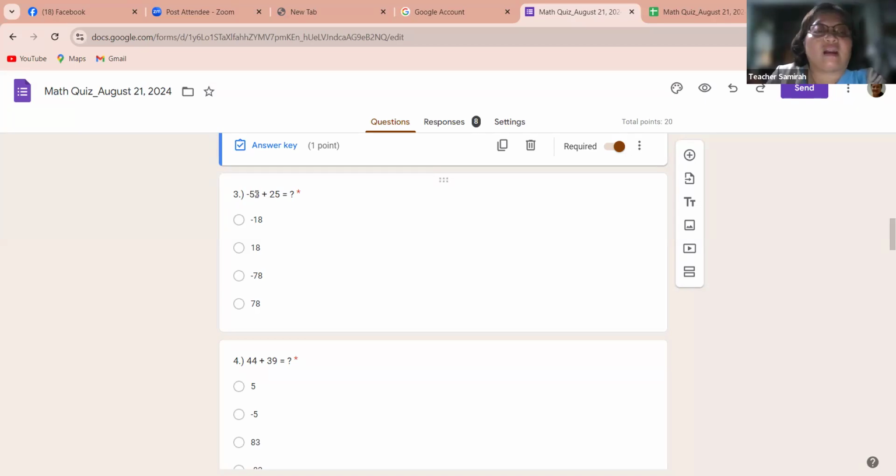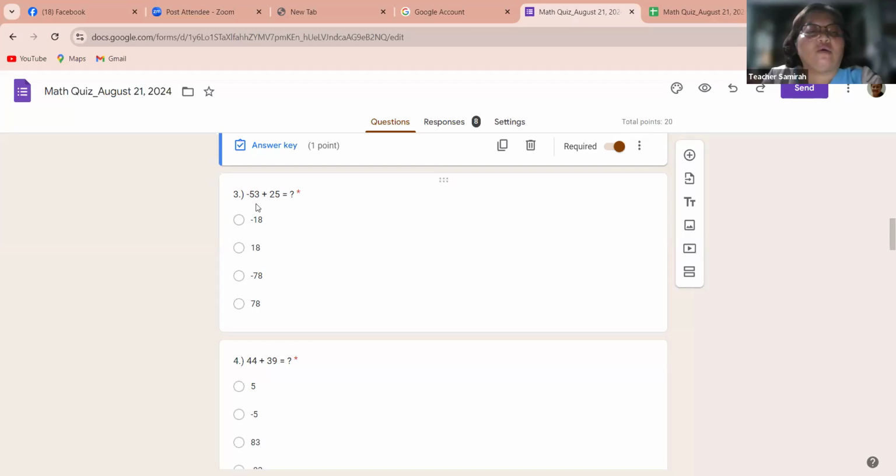Based on the rule regarding addition of integers, instead of adding, we are going to subtract, then copy the sign of the bigger number. So negative 53, we are going to subtract it, right? But we are already going to copy the negative sign, so you only have two possible choices. It is either negative 18 or negative 78.